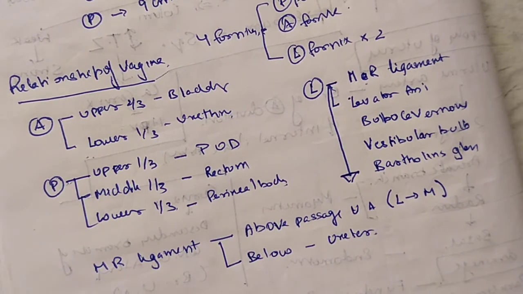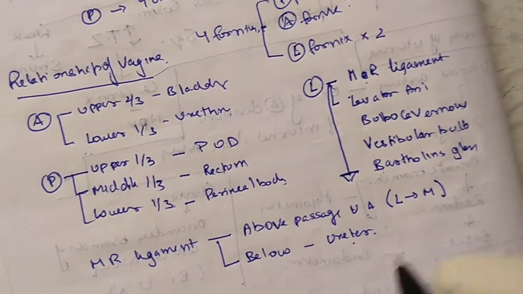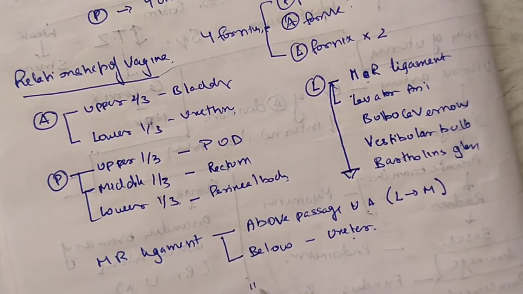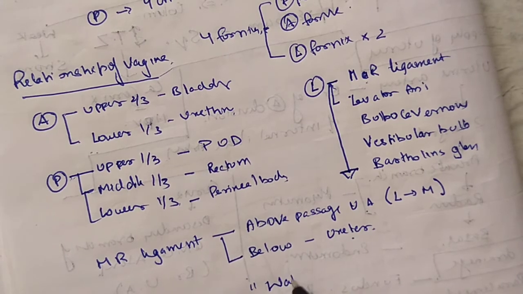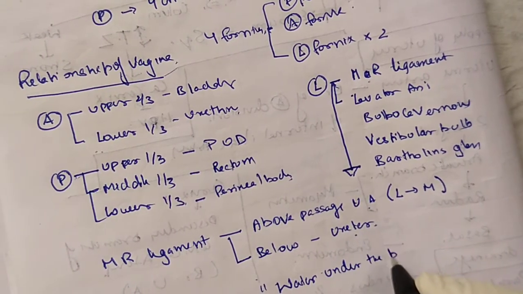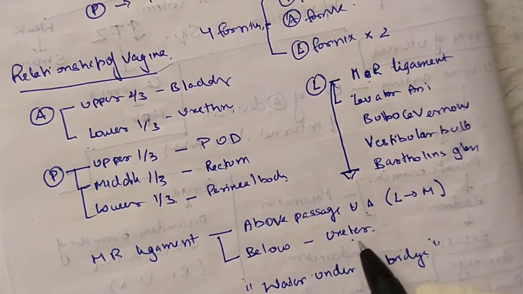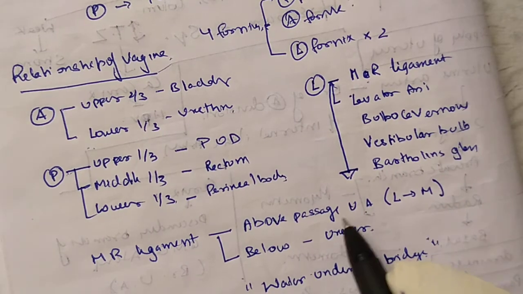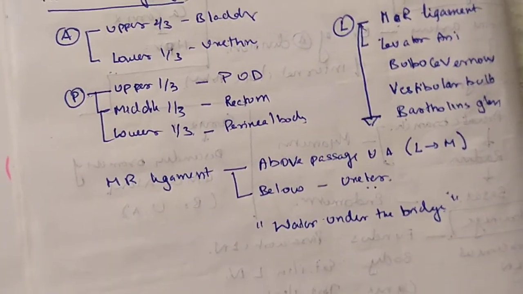So the ligament is sandwiched between the uterine artery and the ureter. This type of sandwich is called water under the bridge. Imagine Mackenrodt's ligament being the bridge and the water being the ureter, and above this being the open space of the sky. So water under the bridge.